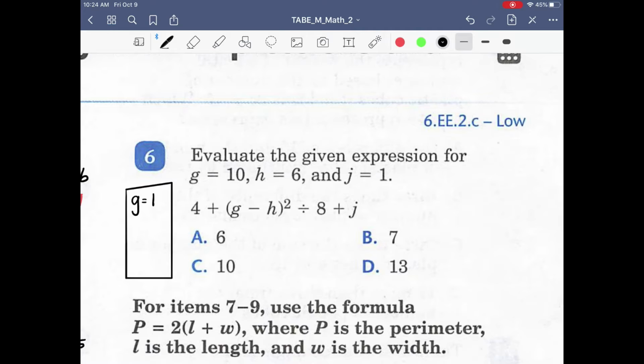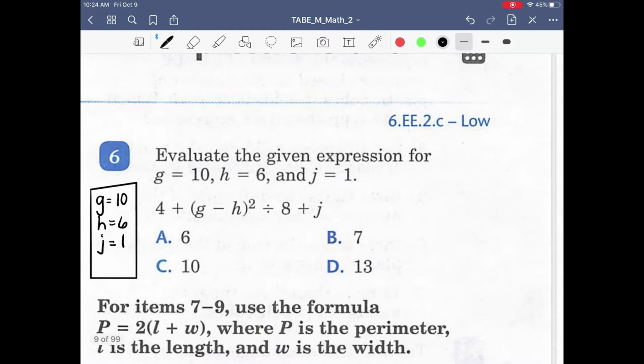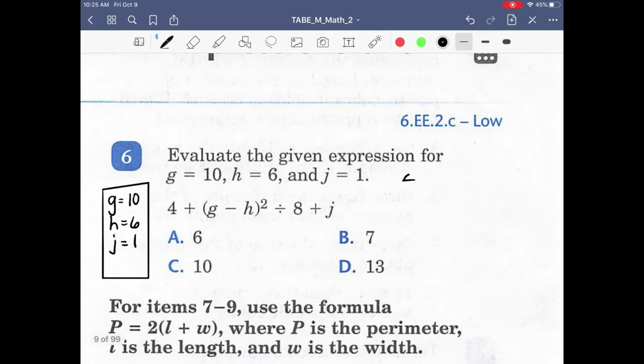G is 10, H is 6, and J is 1. And then using the expression, this time it's an expression that they gave me, I'm going to put all of these together.